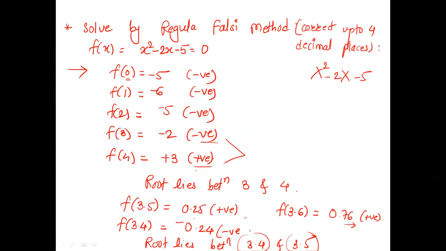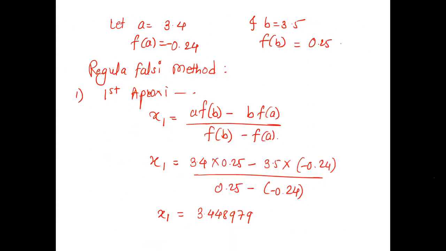Correct up to 4 means 4489. If the next iteration is also 4489, you should check 4 digits after the point. If they match for the next iteration, then yes, we are through. So this is your x1.